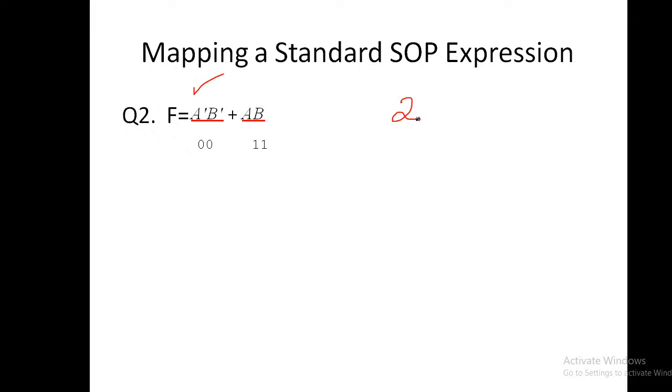For the Kmap solution, see one thing I am telling you very clearly, please note it down. Suppose you have a function like a plus b. Can you directly write the function in the Kmap? No, because these are not the min terms, right?